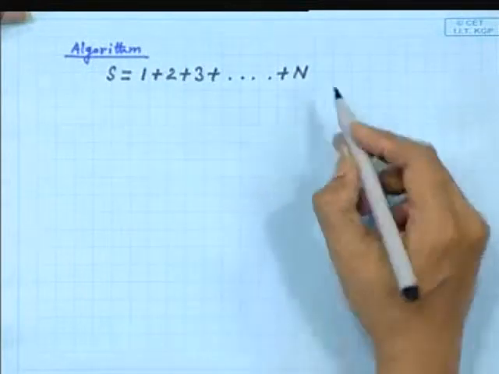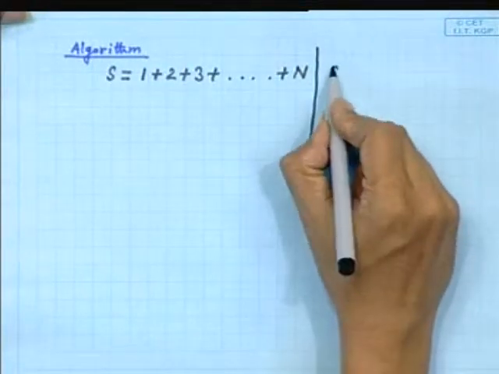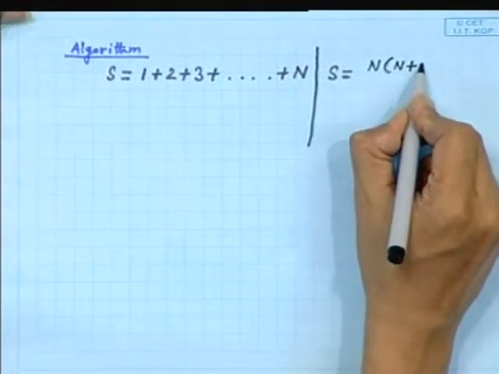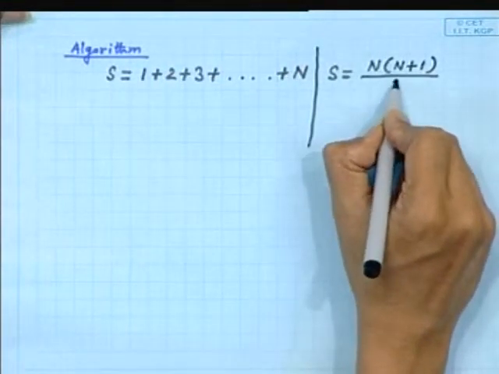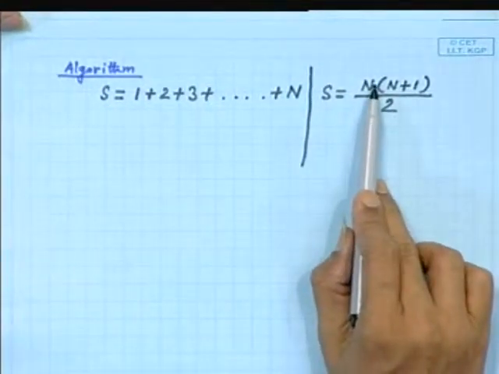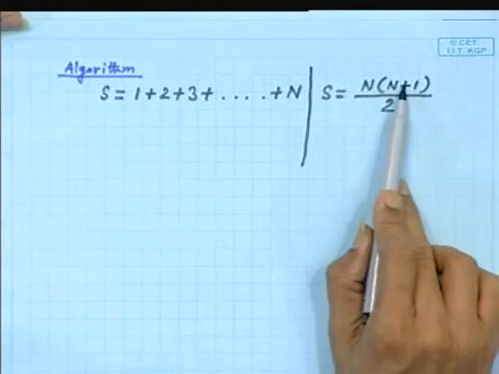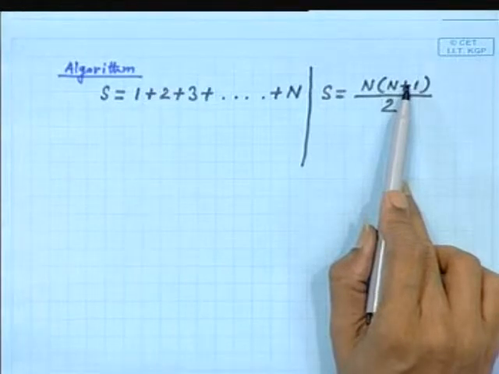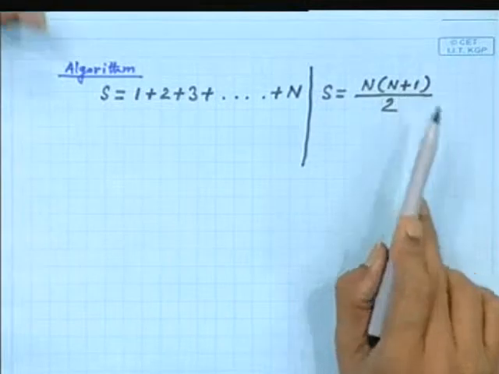So what is that formula? Directly, we can write down the closed form: n into n plus 1 divided by 2. Now we find that it is reduced to just a single multiplication and one increment operation. An increment is actually more economical than a simple addition, because in addition you can change both the variables at your wish, but here it is a fixed one.